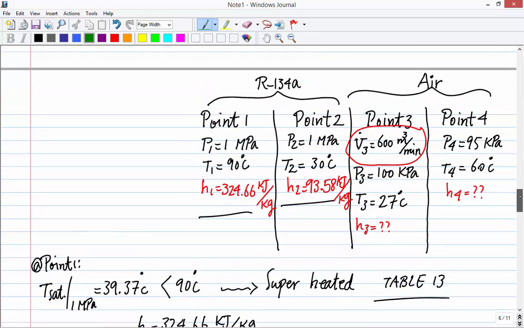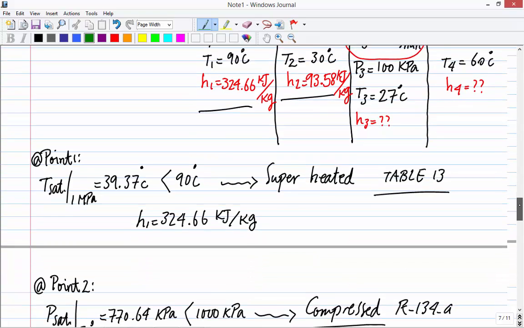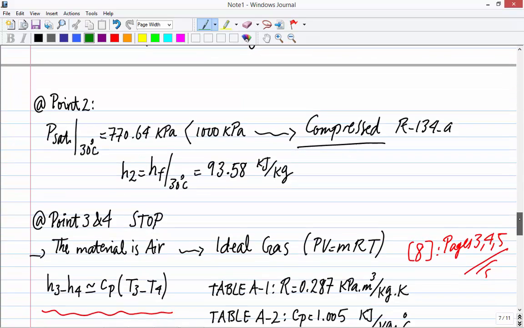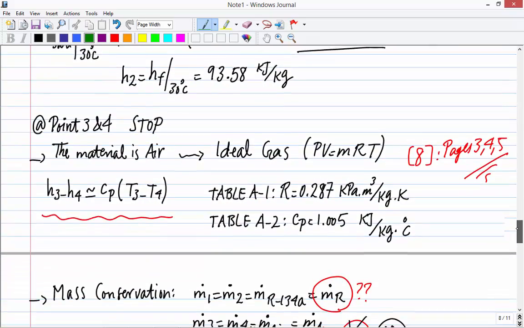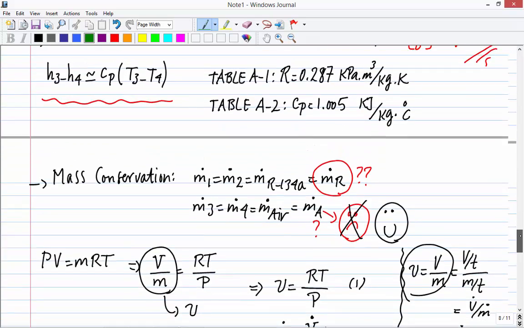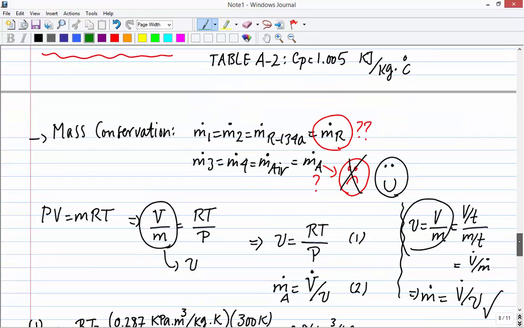So we created this table, and we wrote all the unknowns and the questions in red to make it clear for ourselves. Then we made some judgments, superheated or compressed, and then we found the enthalpies for the refrigerant. Then for the air, we assumed it's an ideal gas. We used PV equals mRT, and then the difference in enthalpies equals CP times the difference in temperatures.